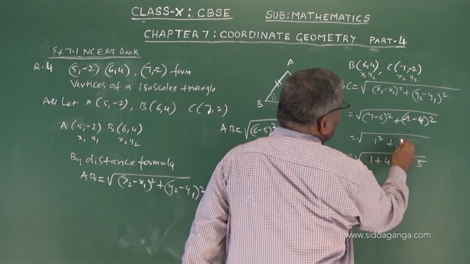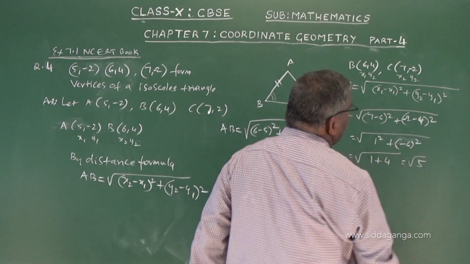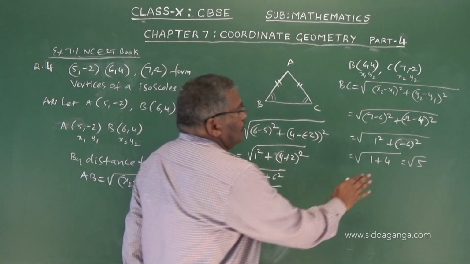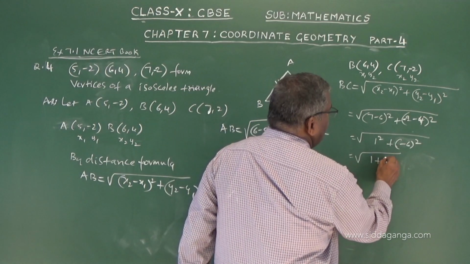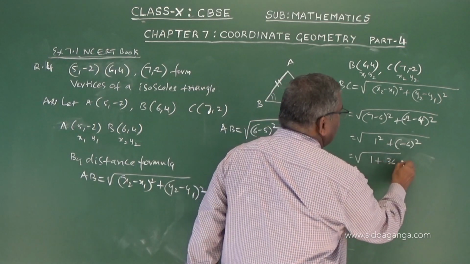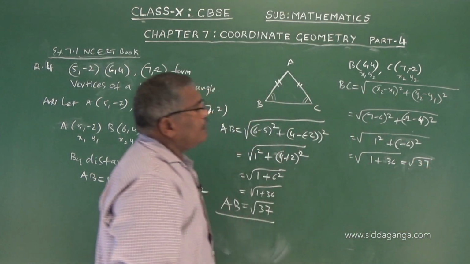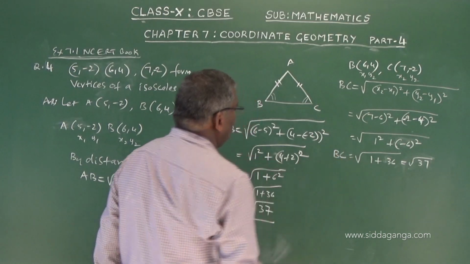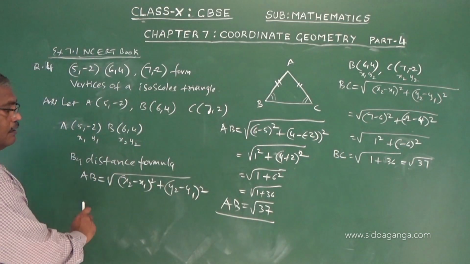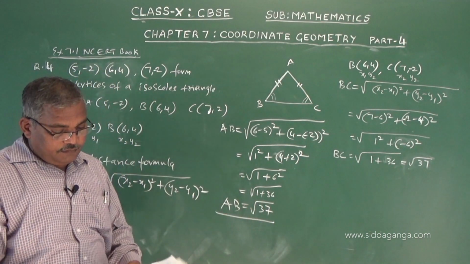Here I will make the correction: minus 2 minus 4 is minus 6 whole square. So this becomes 1 plus 36, root 37. So BC is also equal to root 37 and AB is root 37.